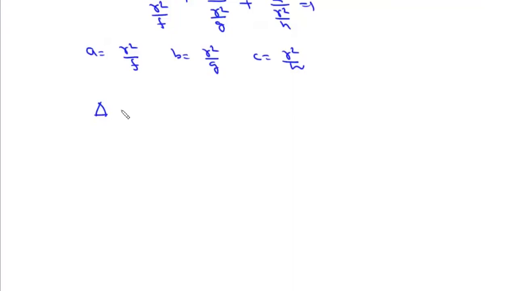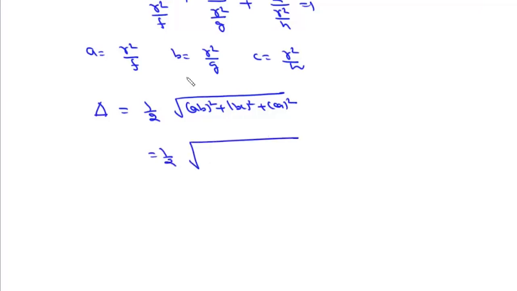Now we know that the area of triangle ABC will be given by 1 by 2 and then under root of AB square plus BC square plus CA square. So it will be 1 by 2 and then under root of AB square, AB square will be R to the power 8 upon FG square plus R to the power 8 upon GH square plus R to the power 8 upon FH square.